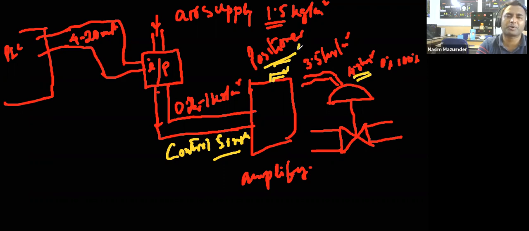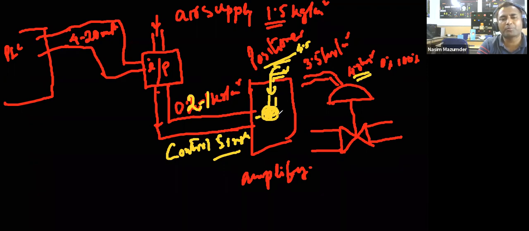Suppose 4.5 kg per centimeter square air pressure is coming in, and by this 0.2 to 1 kg per centimeter square pressure, I will be controlling some internal ball which will be opening some port partially or fully.